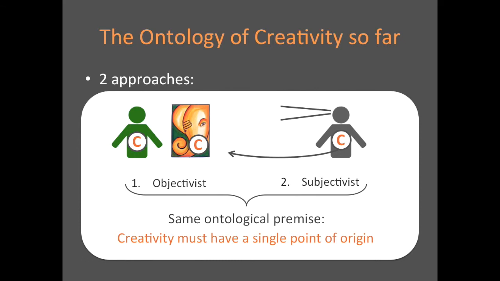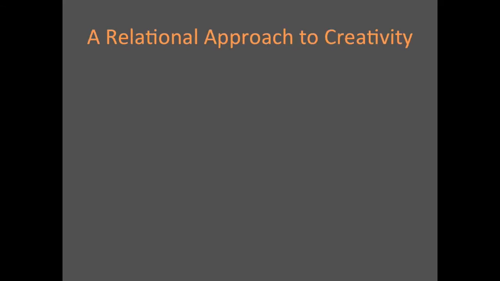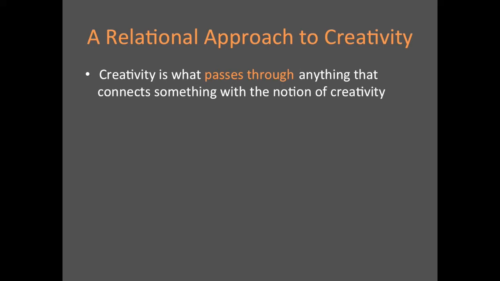Well, we contend that we have to break away from this ontology of inherence and adopt an ontology of relations. So what does that mean? It means first that we have to look at creativity not as what is in something, but as what passes through something. And more precisely, as what passes through anything that connects something with the notion of creativity.